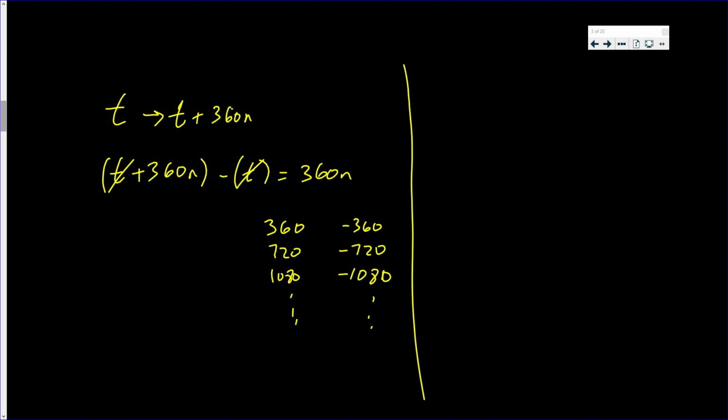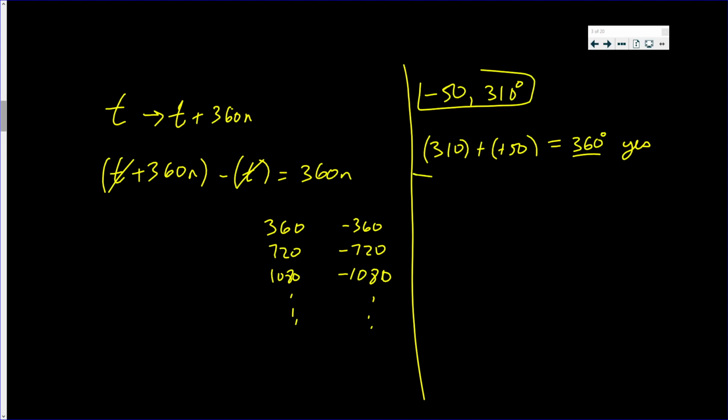So the question is, are these two angles coterminals? So you subtract the two angles and you get 360, which is a multiple of 360. So yes, those two are coterminals.